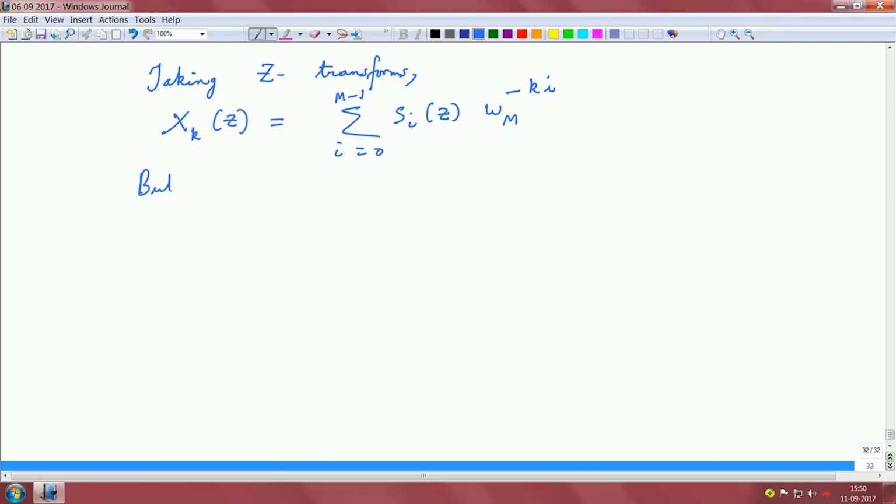But the sequences Sis are basically delay sequences, right, and we can link them to the Z transform of X via a delay element as follows.